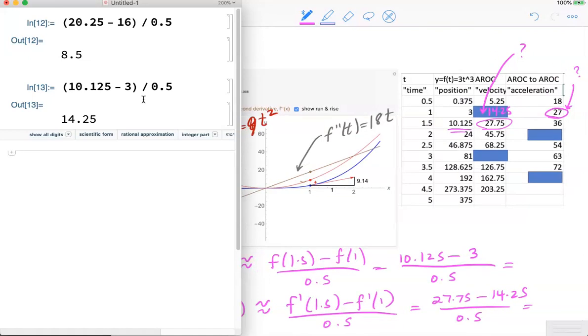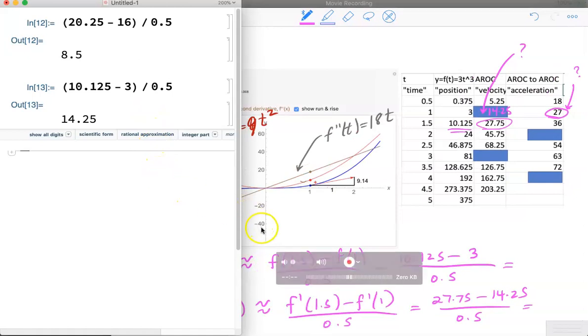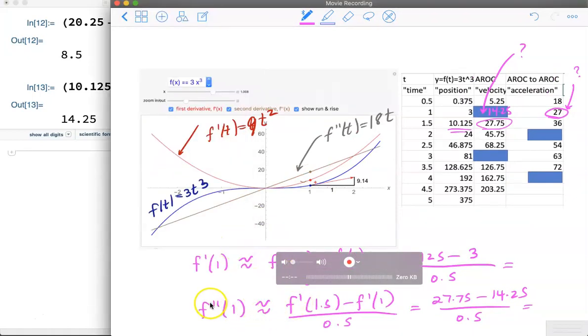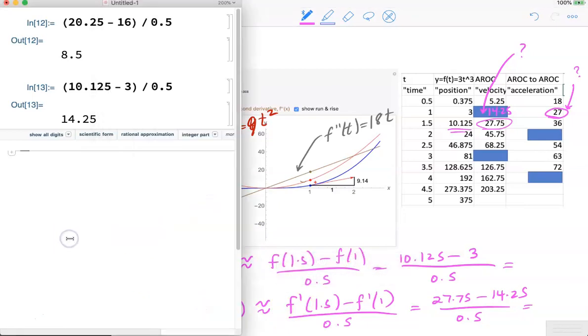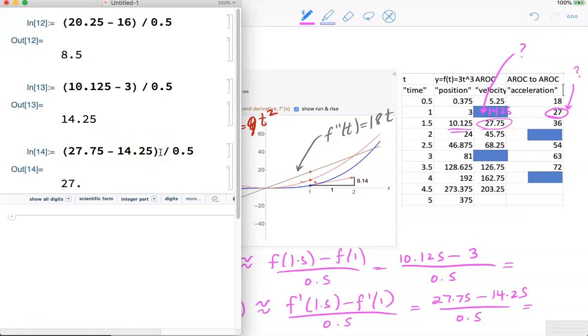Let's see if we get the 27 that we were expecting. We're trying to compute the second derivative at 1 approximately, and we'll get 27.75 minus 14.25, and we're going to divide by our time spacing h again, which is 0.5. And that's where the 27 comes from.